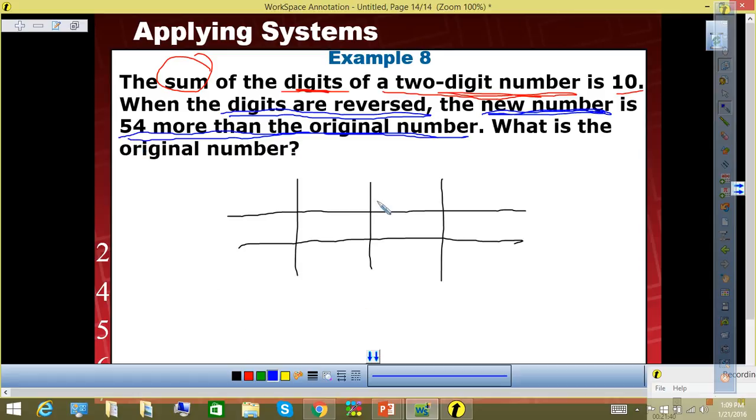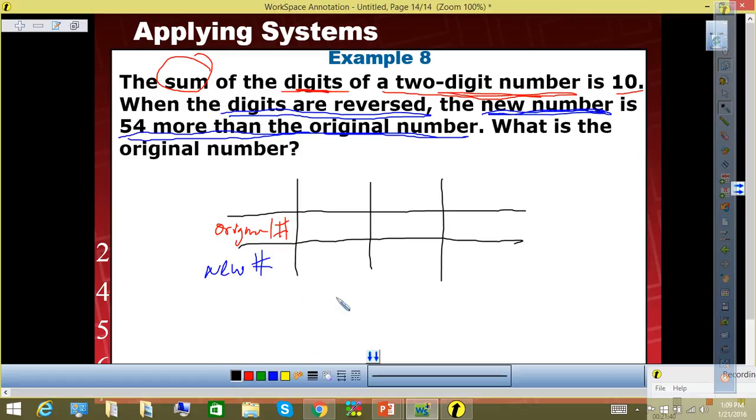So we're dealing with the original number, and this is the new number. So let's label this original number, and this one will be new number.